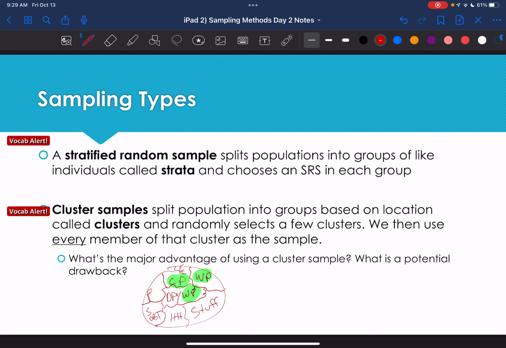Y'all rich, right? Like, the people that live in those places are generally fairly well off, right? So that may not be representative of this entire area. So advantage, I guess that's the disadvantage, right? The disadvantage is it may not actually be that representative.